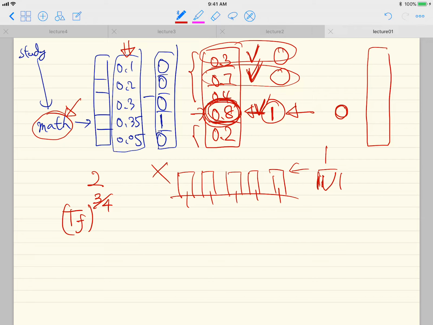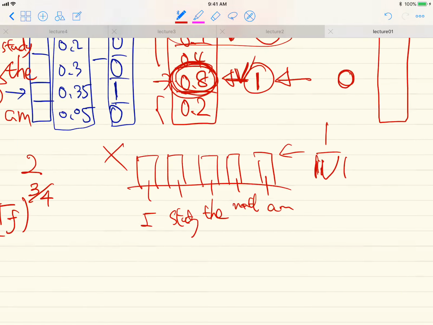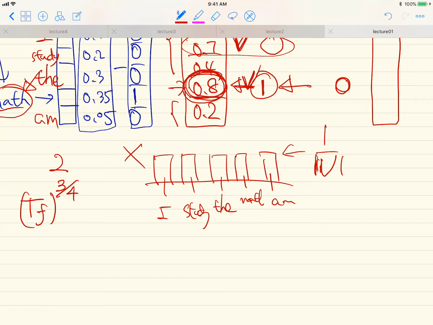So in our case, our dictionary was this guy I, and maybe study, and this guy was maybe the, and this mess, and maybe this guy is M. Okay, so this is I, study, the, mess, M. In this case we can think of how many times each of these words appeared in our corpus, right?